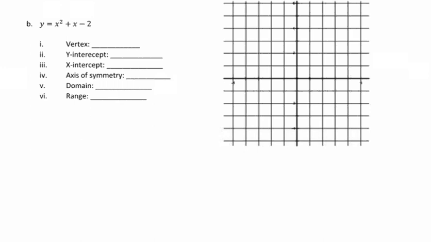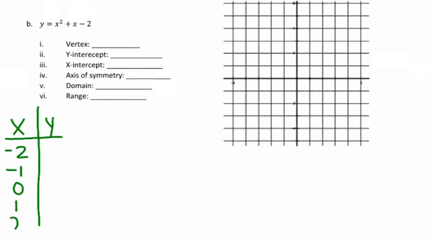Example B, let's start with our table of values. -2, -1, 0, 1, and 2. -2 squared is 4. -2 minus 2 is 0. -1 squared is 1. -1 minus 2 is -2. 0 squared plus 0 minus 2 is -2. 1 squared plus 1 minus 2 is 0.